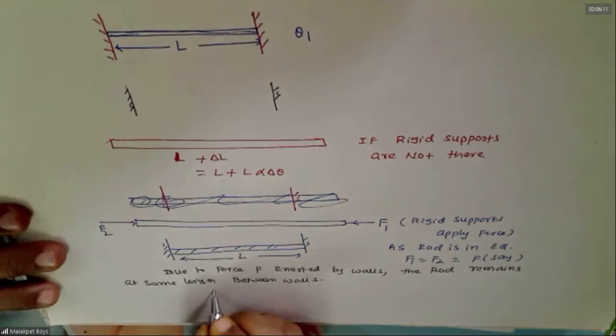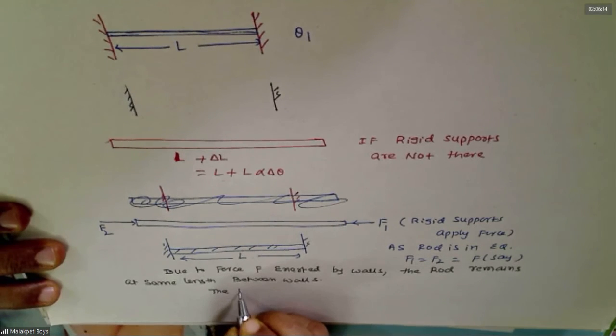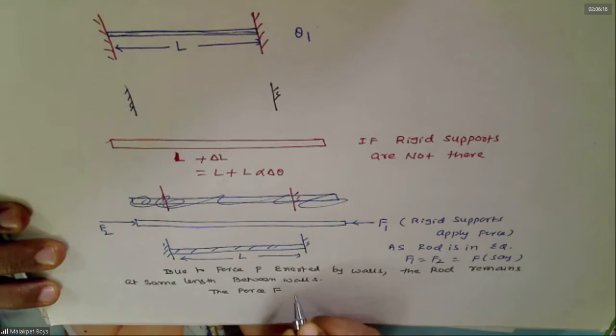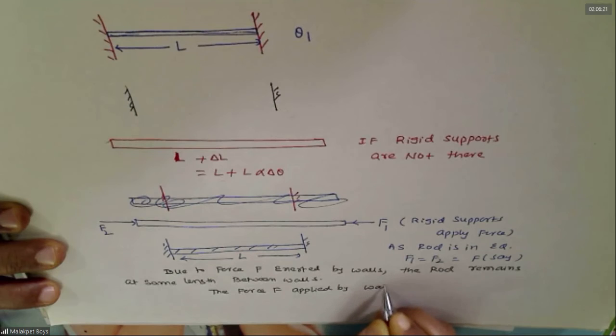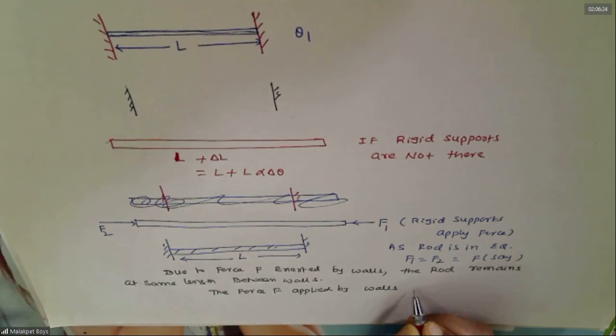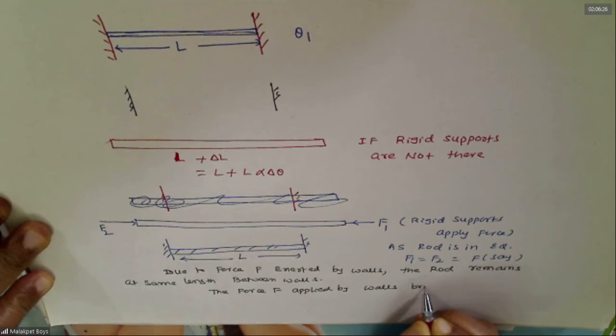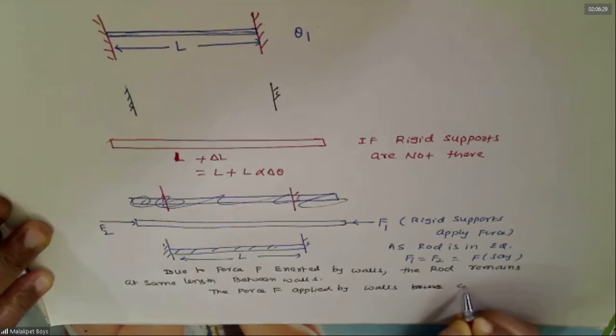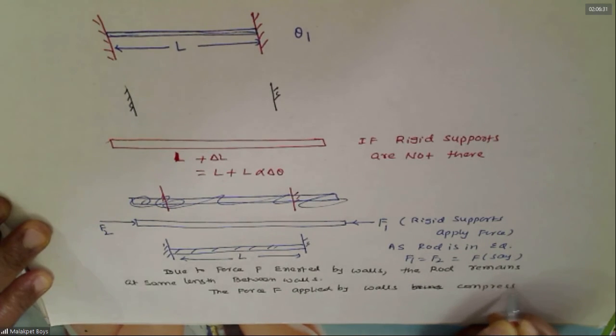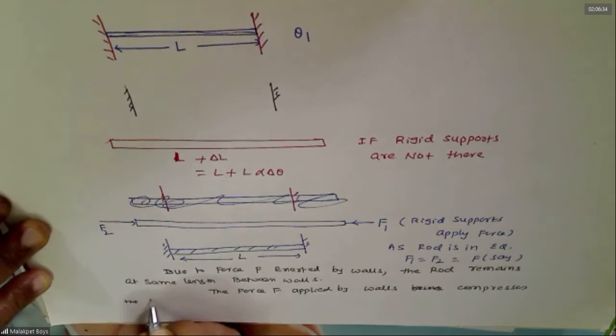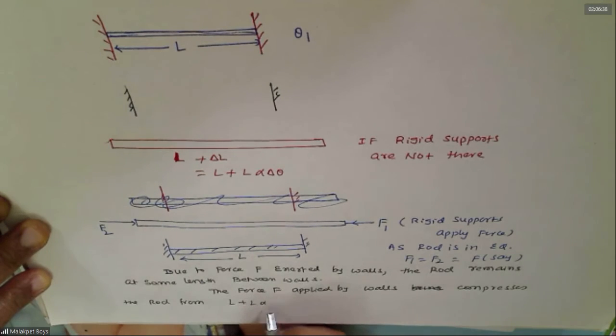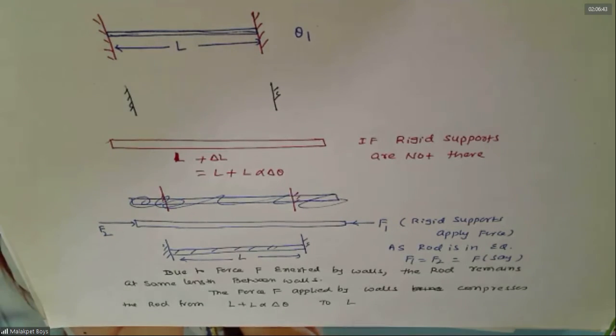Followed, sir. Clear? That means the walls does not allow the rod to expand. It will remain in the same length. It compresses the rod. Yes, sir. Do you agree with this or not? Agree, sir.